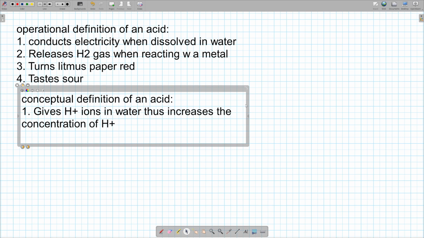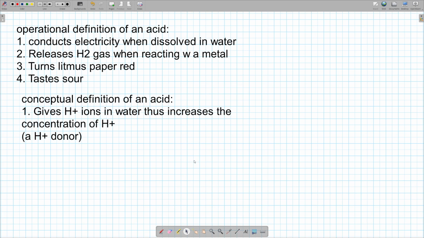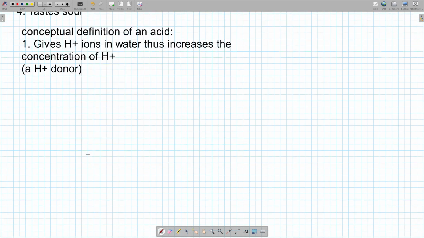It is, in other words, an H plus donor. This must be memorized. Now we're going to do the action of acids.